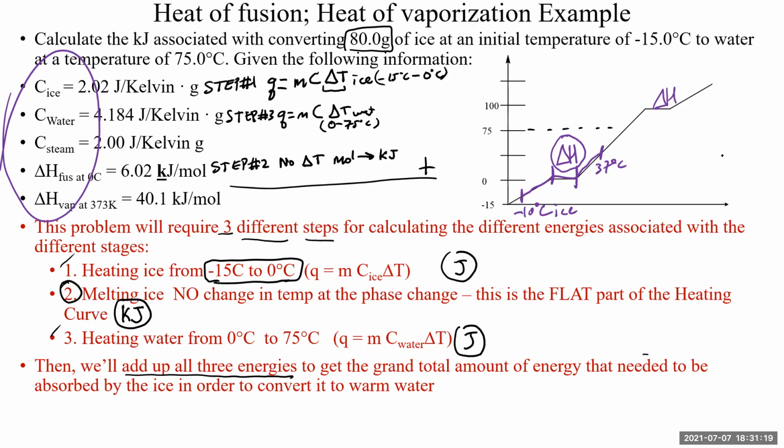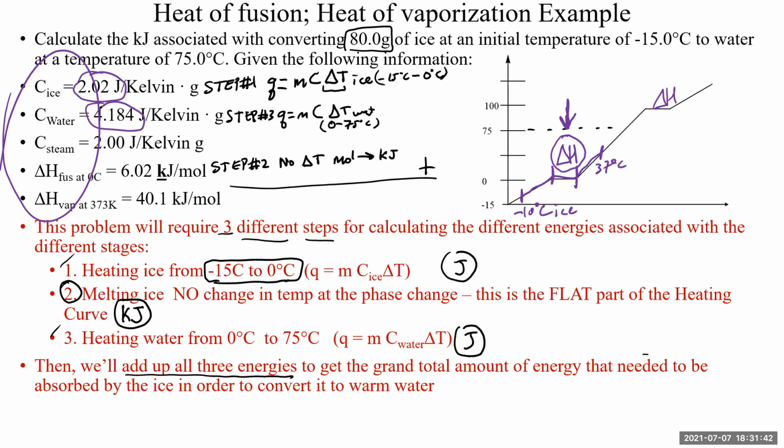You have a huge energy consideration when it comes to phase changes that is not going to be covered by Q equals M times C times delta T. If you do this, it's wrong. Not to mention, how on earth would you even try that when you're crossing phase thresholds, which specific heat would you even use?